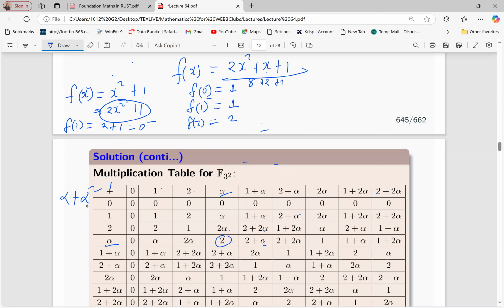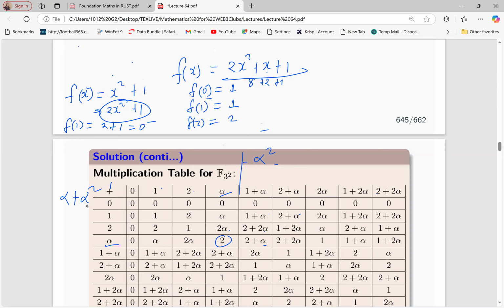These are different polynomials, so we expect a different result, of course. Before, it gave us alpha square, so you just make alpha square the subject. What we have here is that 2 alpha square plus alpha plus 1 should be 0.